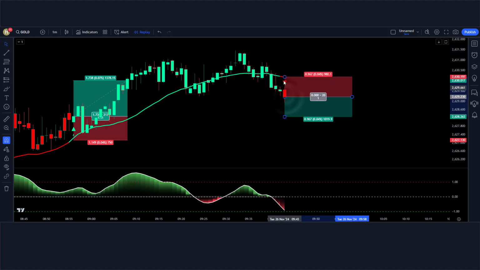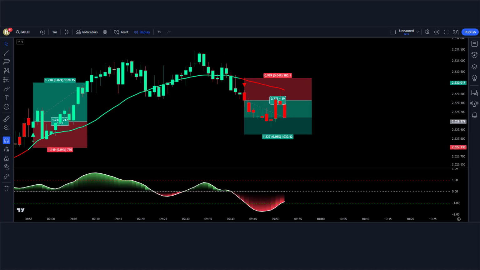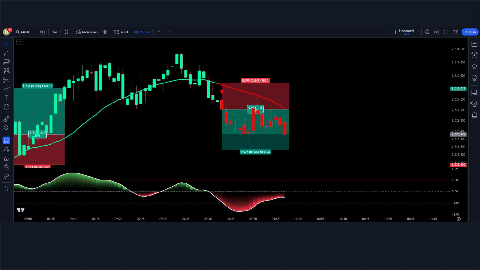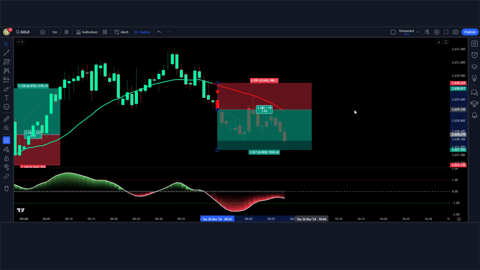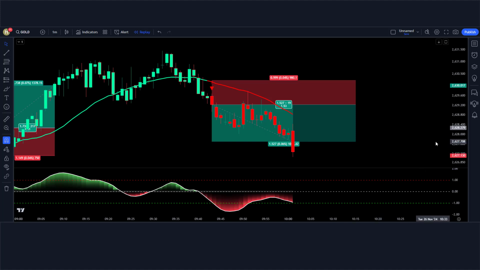Our stop loss will be placed at the red SMA line of Dynamic Score SMA, and the risk to reward ratio will be 1:1.5. The market has completely hit the target.